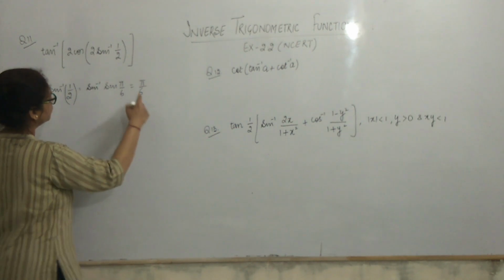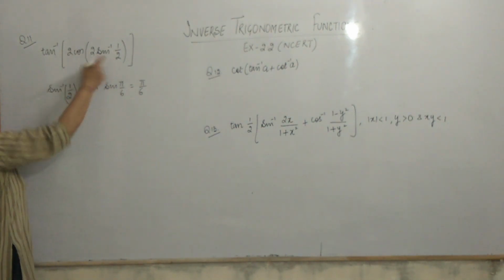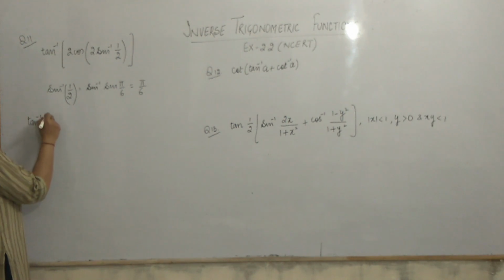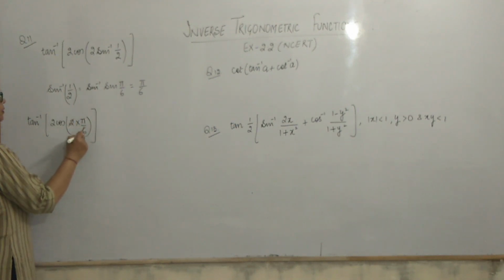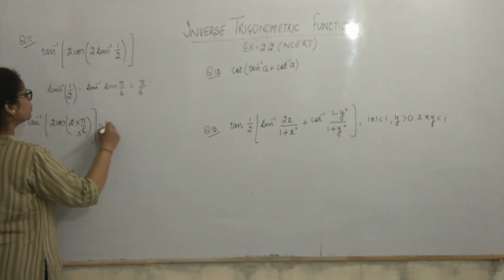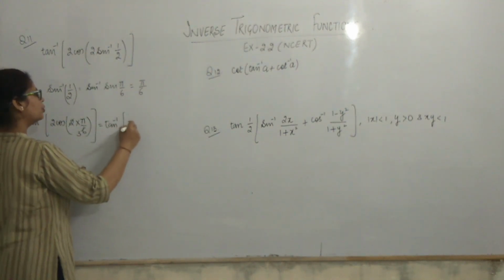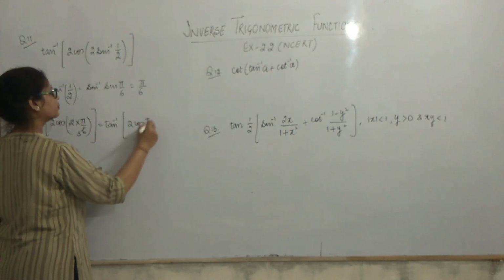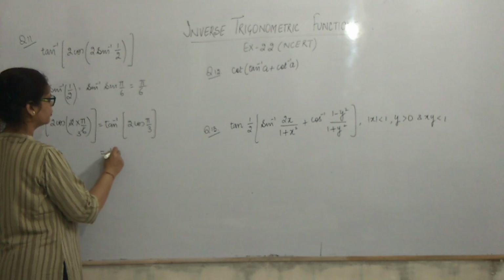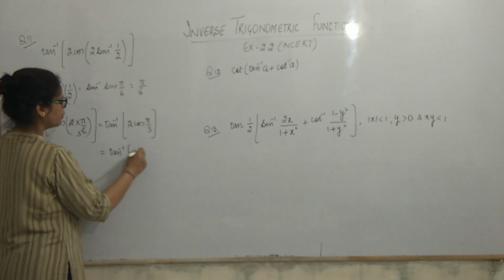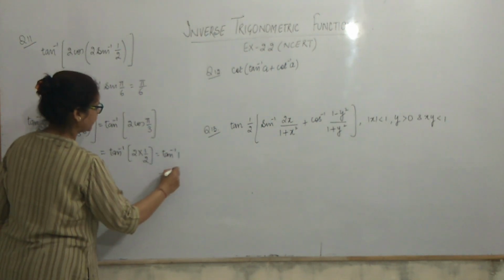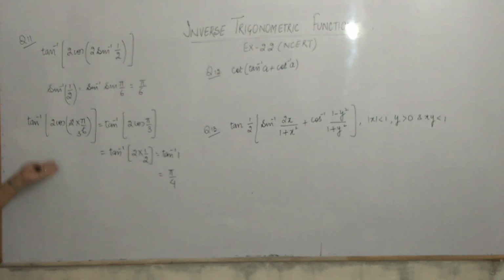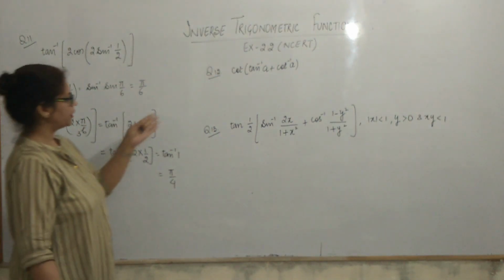This is the principal value, pi by 6. Put the value here. Tan inverse of 2 cos 2 pi by 6. Right? 2 threes are 6. So tan inverse of 2 cos pi by 3. Cos pi by 3 is 1 by 2, and 2 into 1 by 2 is tan inverse 1. And you remember tan inverse 1 is pi by 4. So simple.